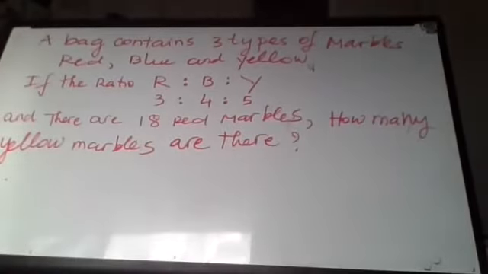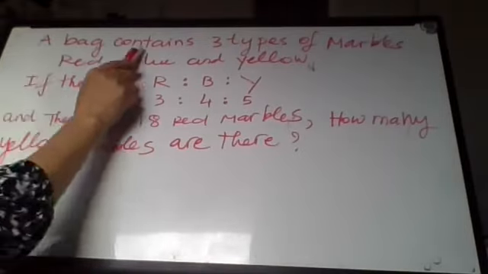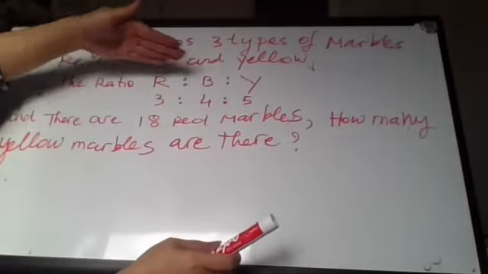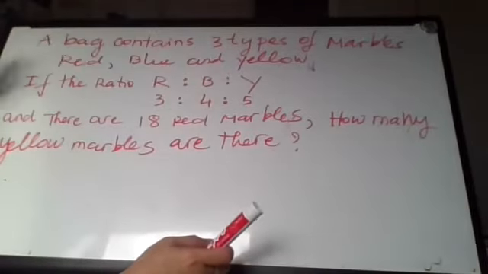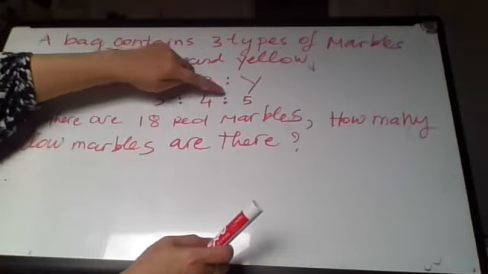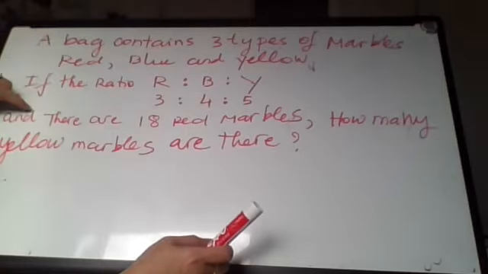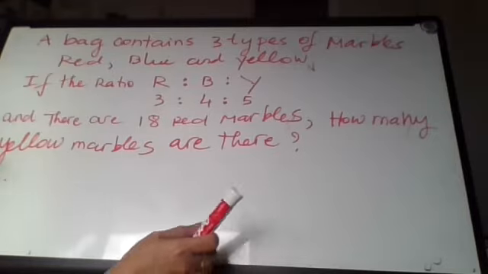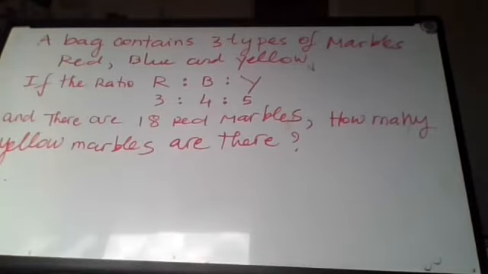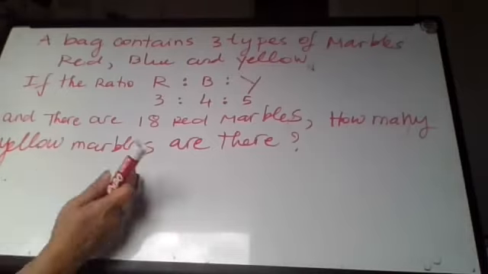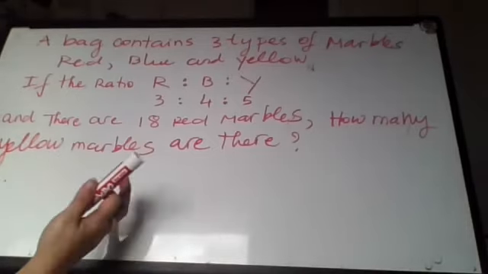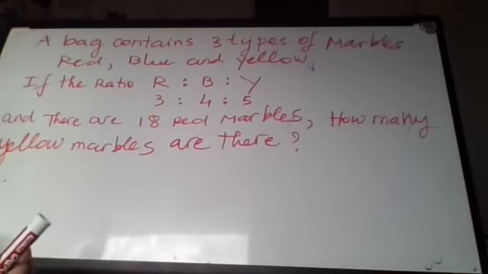Okay. So that is the problem. Let's take a look at it. It says a bag contains 3 types of marble, red, blue, and yellow. The ratio for them is 3 to 4 to 5. And there are 18 red marbles. How many yellow marbles are there? When you set up the equivalent fraction, or horizontally like the way I show you, and I prefer you set up horizontally, it's easier to solve.